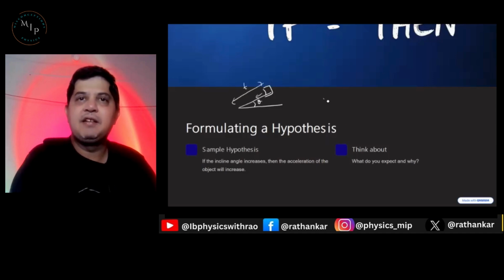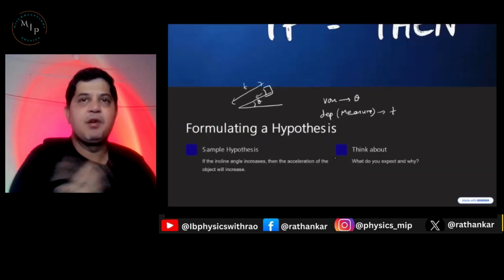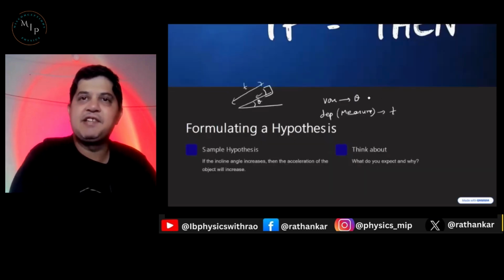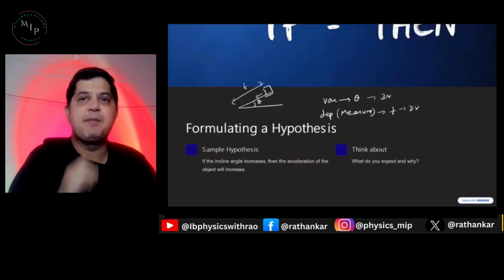So the variable here is theta, the independent variable. The dependent variable which I am going to measure is the time taken. We've got both of them. So now I can put across a sample hypothesis.